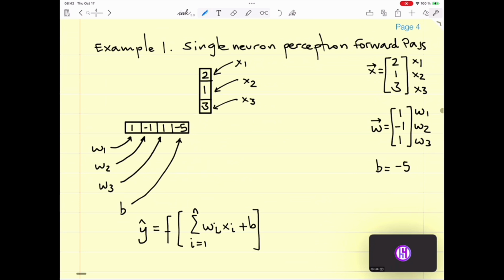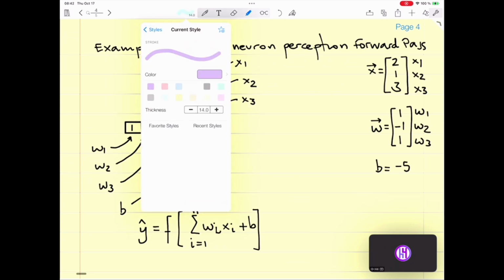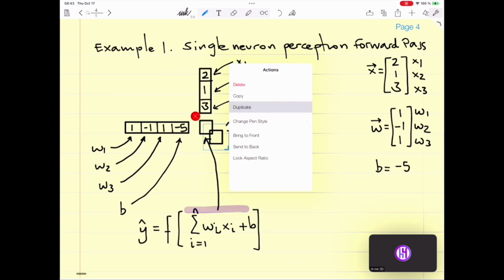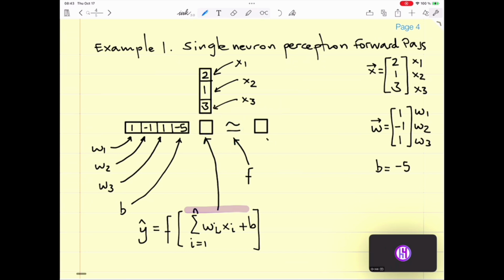So here we will calculate this part, and then we will apply our activation function, and we will get our y with the hat. Okay?